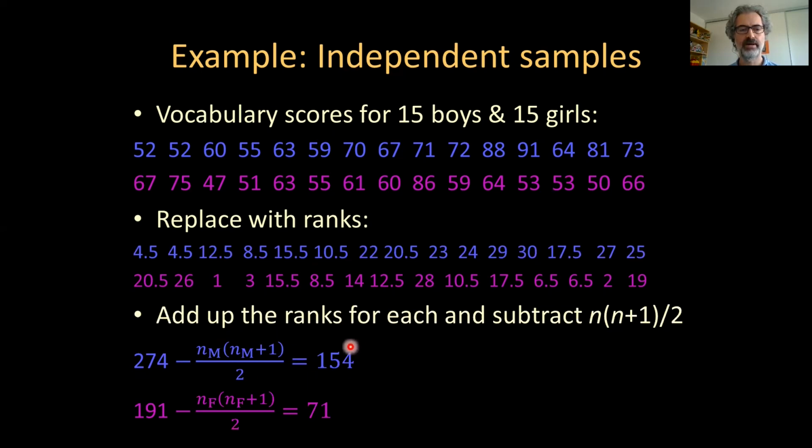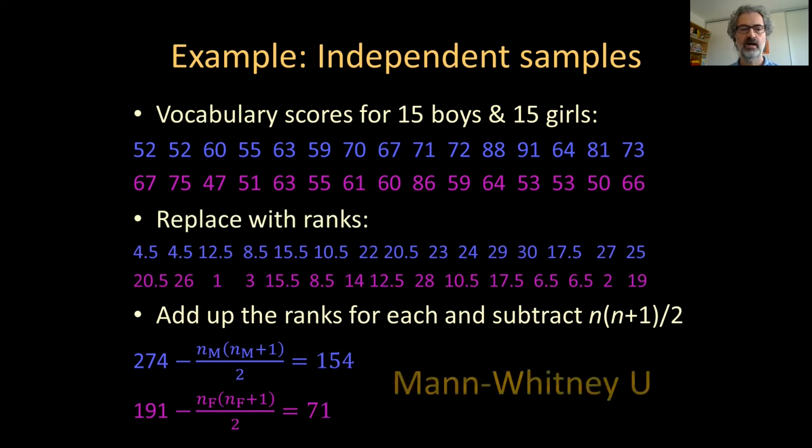And this results in 154. Alternatively, we could have done this for the girls group, in which case we would have gotten a sum of 191, subtracting this factor for the sample size of the girls, and we would get 71.